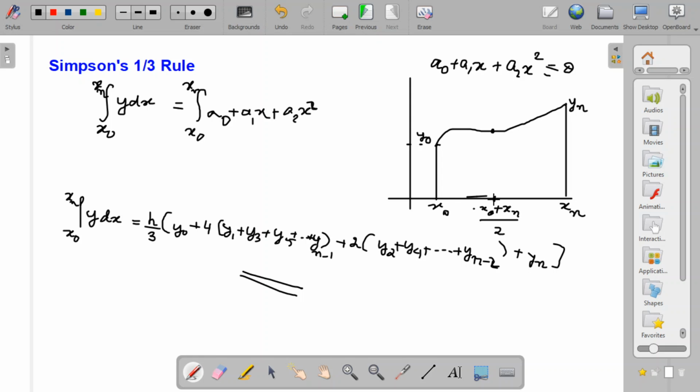You can divide it into 2, then 4, then 6, like that. That should always be kept in mind. If you have understood the Simpson's 1 by 3 rule, you can understand why it is divided into even numbered intervals. Okay, hope this explains the 1 by 3 rule of Simpson's integration method.